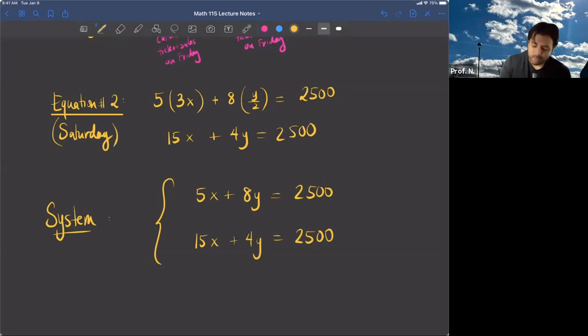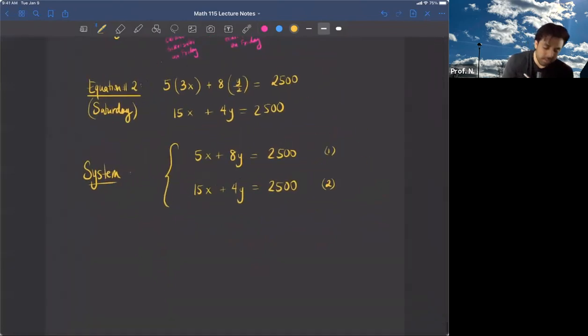Okay, so I got equation 1 and I got equation 2. And now I can apply either the substitution method or the elimination method or the graphing method. But the best way is really to apply the addition method or the elimination method. So I'm going to apply the addition elimination method.